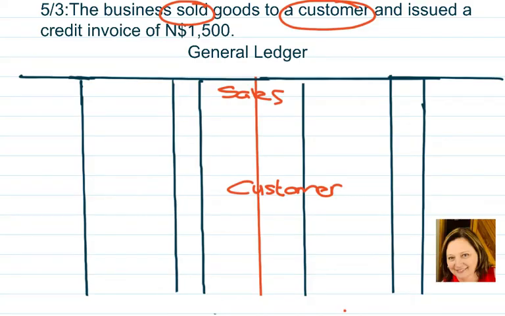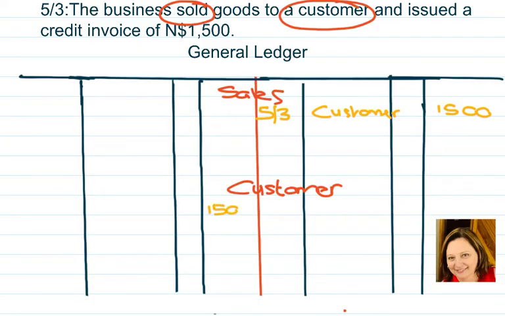My date is the 5th. My contra account is customer. My amount is 1,500. Then if I look at my customer, you will remember customer is in form of an asset.